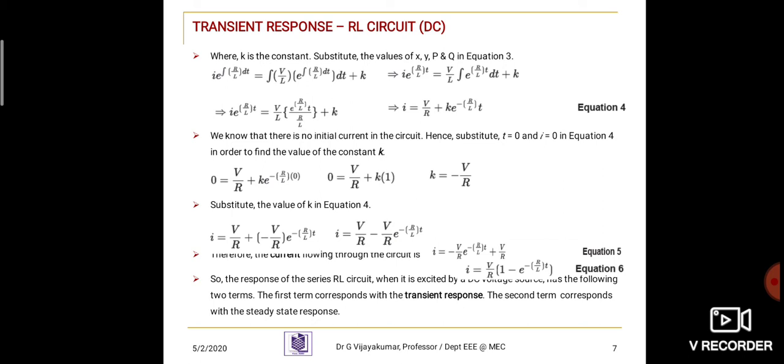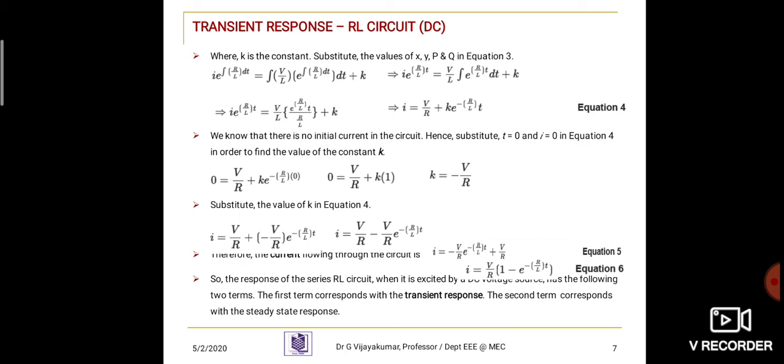Substitute this obtained value in equation 4. Finally I get the equation i is equal to minus V by R exponential of minus R by L t plus V by R. I am representing this equation as equation 5. Therefore the current flowing through the circuit i is equal to V by R into 1 minus exponential of minus R by L of t.